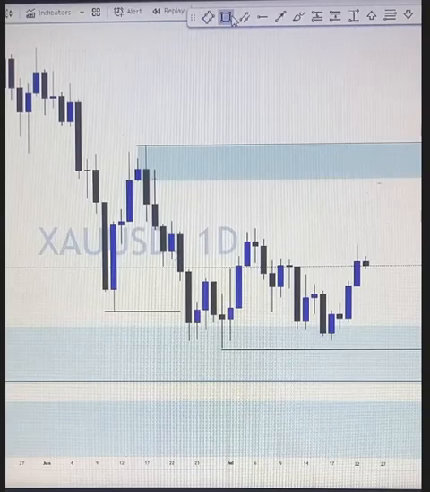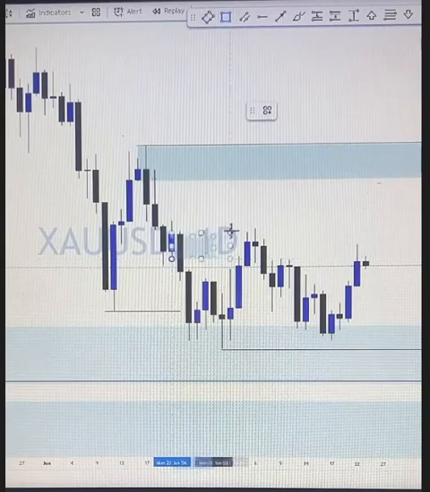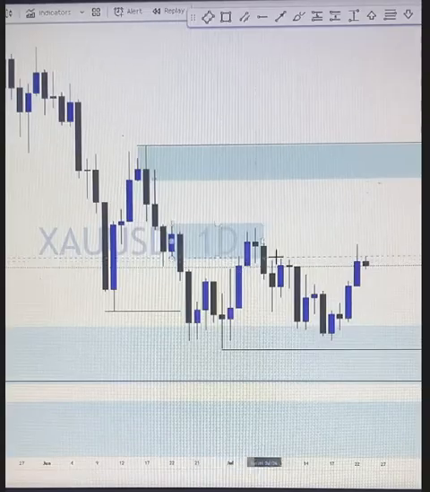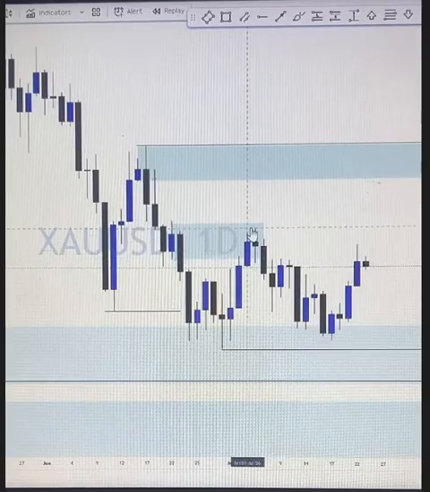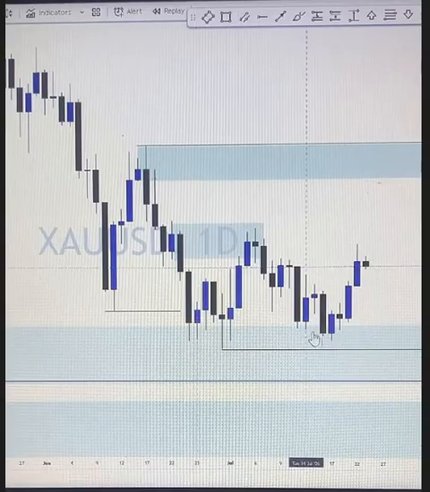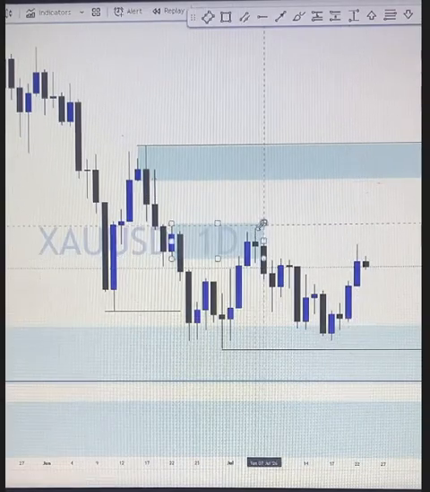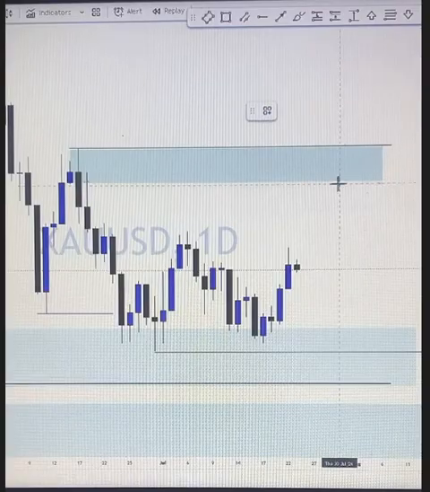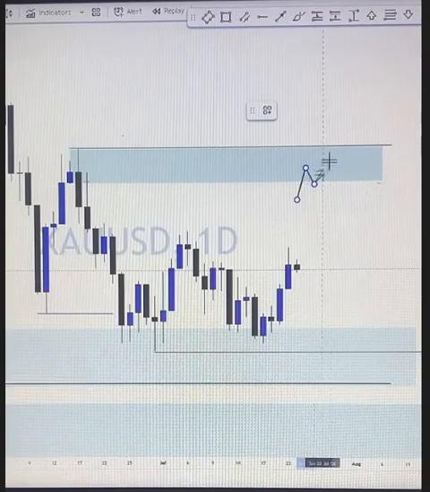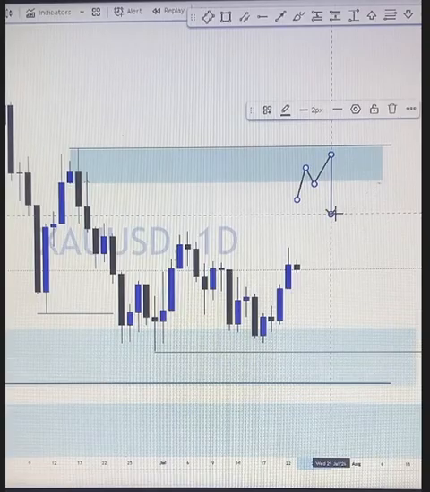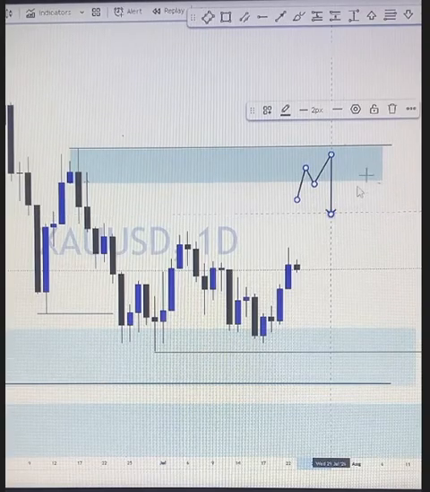Now, we had two key levels, which is this one, the flip zone. Price already came to this key level, did its reaction and rejected, which we traded. Now, price is coming up. We are going to wait and see if we can get a sell formation right here. This is it.